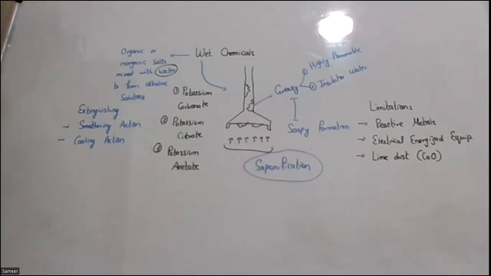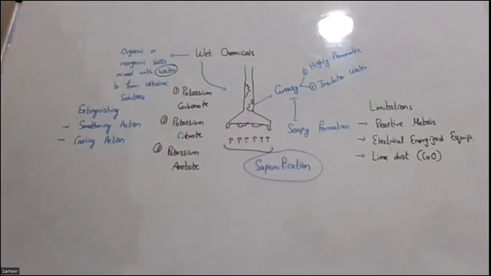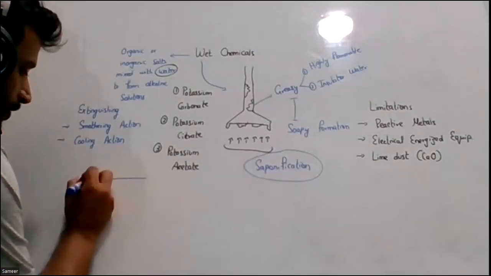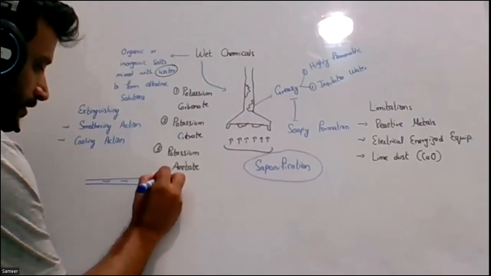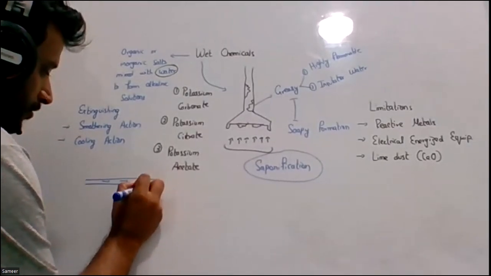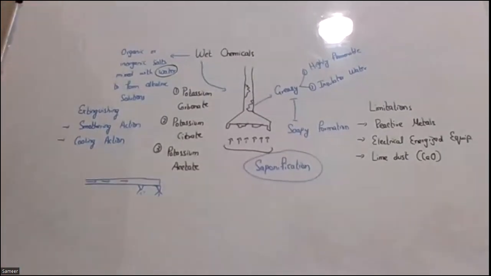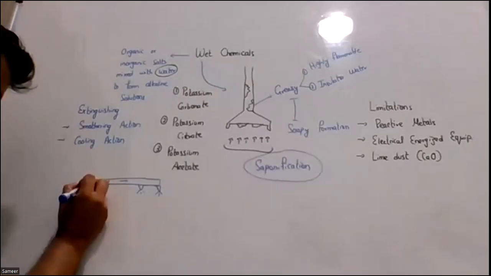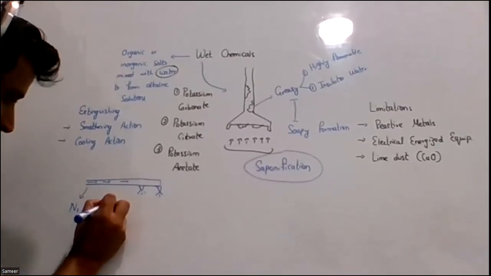Now, highly pressurized gas is usually required to expel wet chemicals from nozzles or sprinklers. So what type of gas is required? The highly pressurized gas required is nitrogen or carbon dioxide.